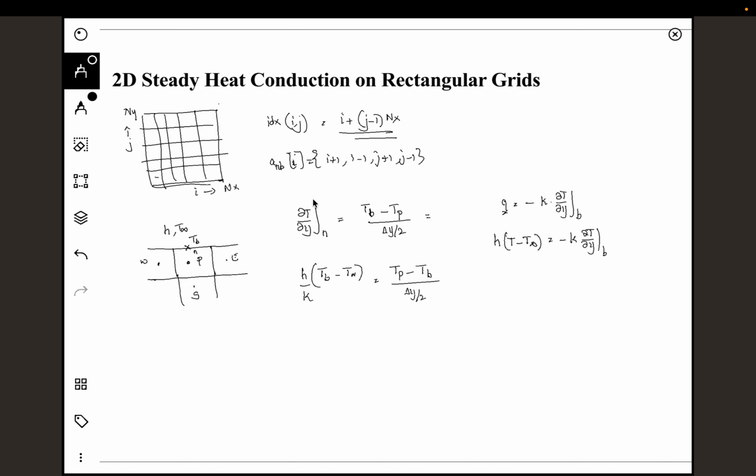Now I have an equation that will give me a T infinity. Just plug these equations together. I'll take it on the RHS. So I'll have TP times 2 kappa by H delta y is TB times (1 plus 2 kappa by H delta y). Then we take the inverse of this.